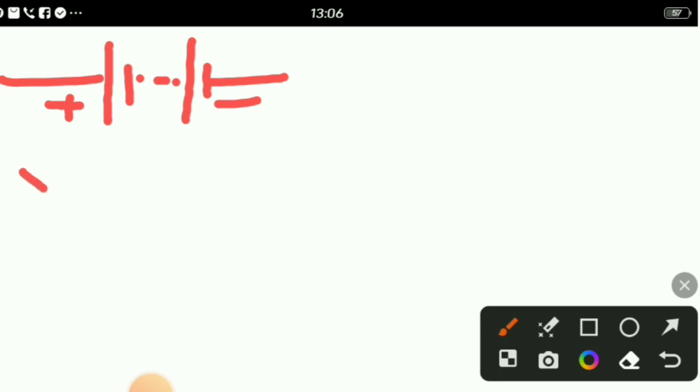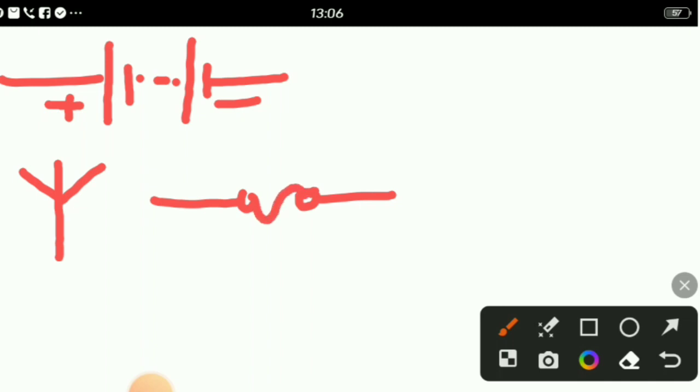Now antenna is represented by the symbol, fuse represented by this symbol, this is the symbol of fuse.